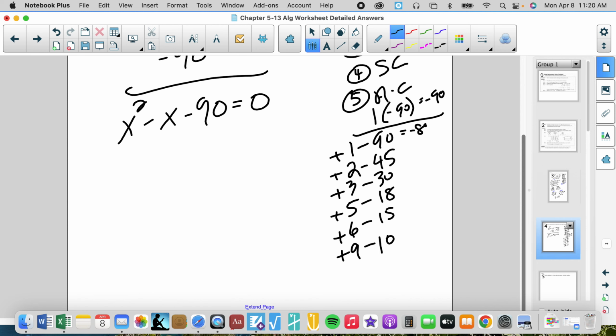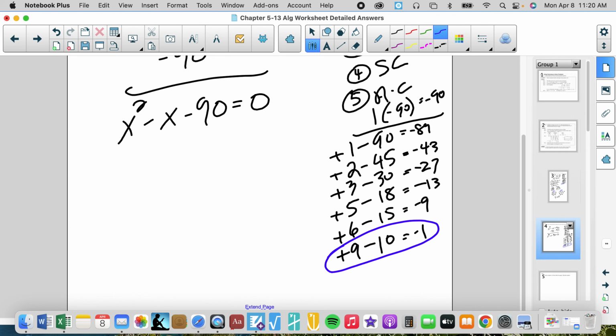That's negative 89, negative 43, negative 27, negative 13, negative 9, negative 1. This is equal to my middle, so we will make x squared plus 9x minus 10x minus 90 equals 0.